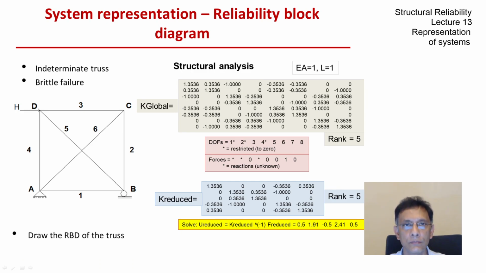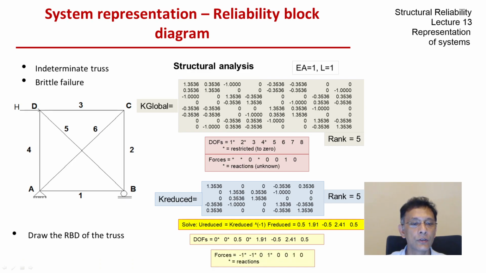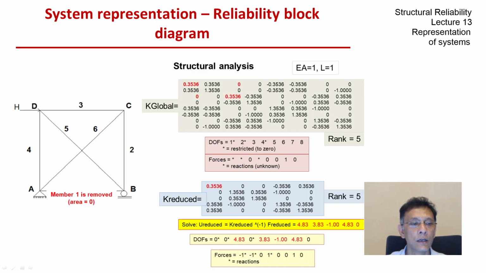There are various ways in which we can, as we remove members, as the structure gets damaged, there are various ways of finding if the structure has collapsed, has become unstable or not. For this simple example, we can see when the stiffness matrix no longer remains invertible. So let's remove one member.